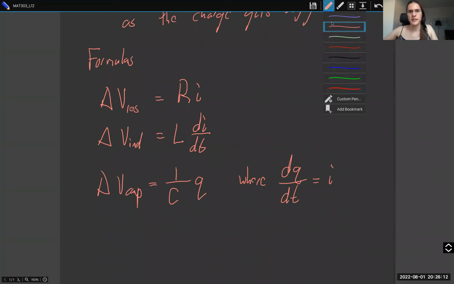Another way to write these equations: V equals Ri for the first one.